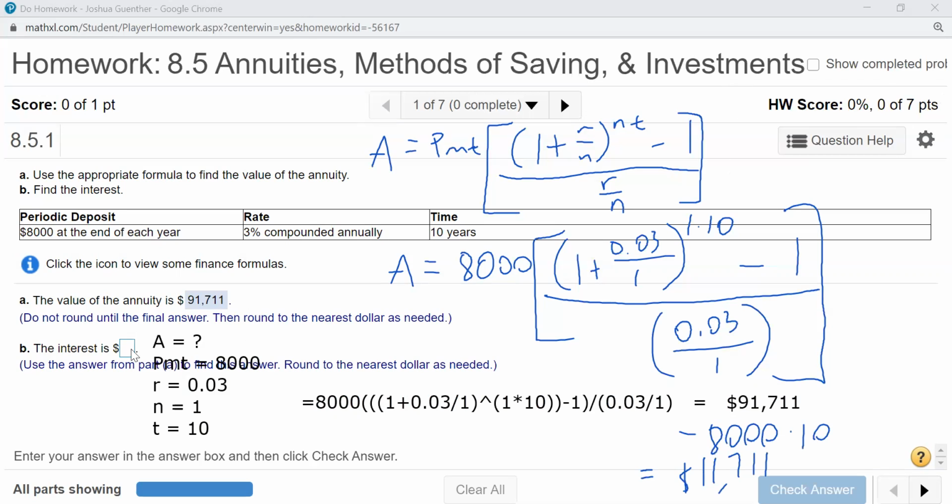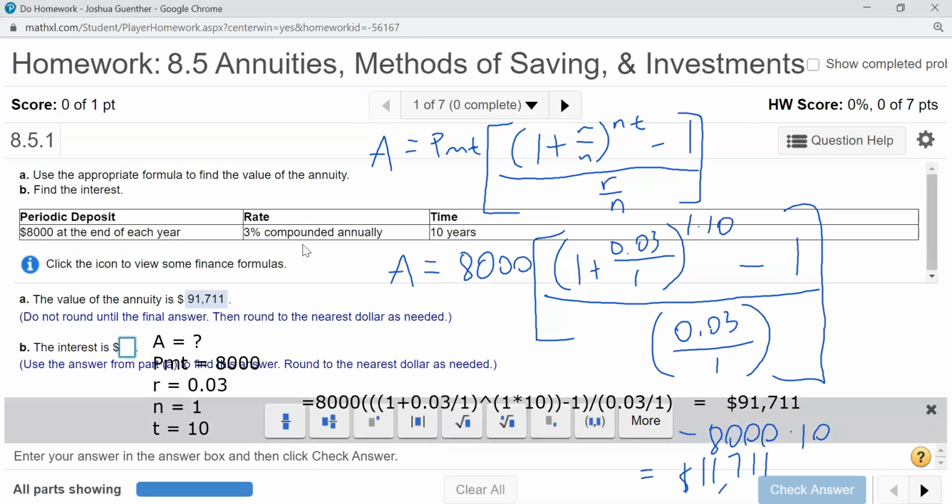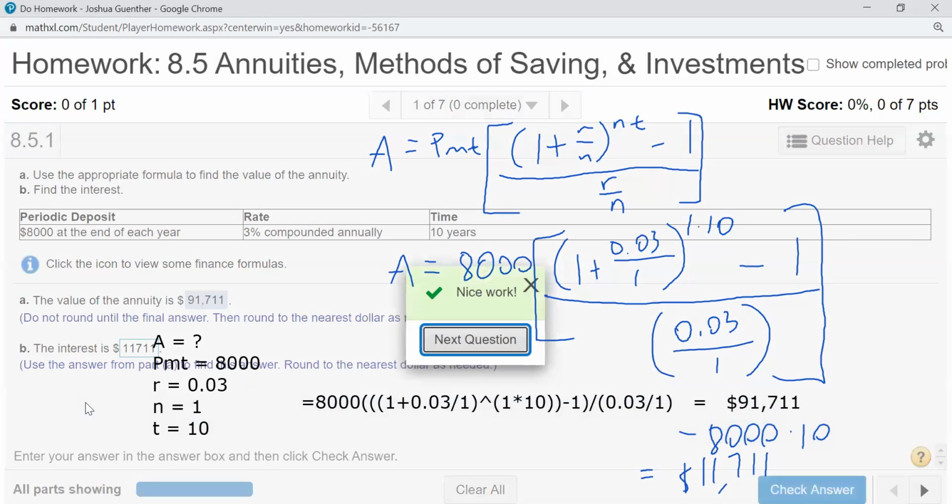Because you have to think, what if I had not invested that money and gotten a 3% interest rate? What if I just put it in a boring bank account that didn't grow? I'd have ended up putting 80 grand into that account. But since I let it grow, I ended up, in fact, with $91,711, which means by investing it, I earn $11,711 in interest.